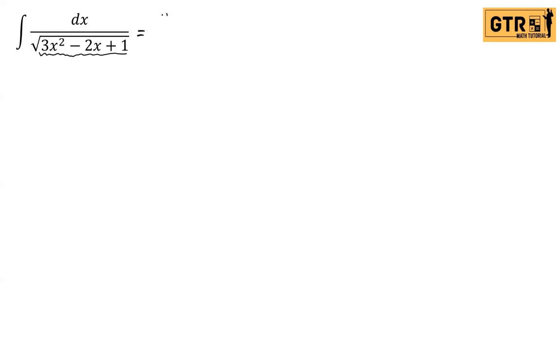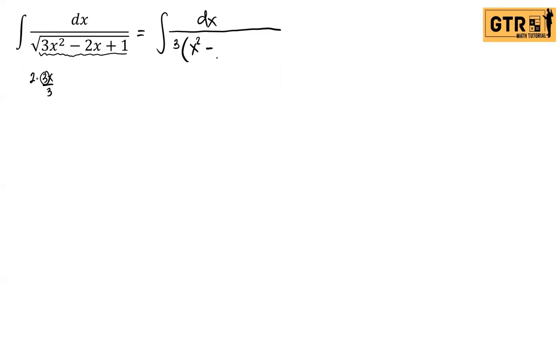So we have the integral of dx. We factor out the 3 in the 3x squared. So factor out 3, we have x squared minus 2x. If we factor out 3, 2x can be written as 2 times 3x over 3, since 3 over 3 is equal to 1. So what is left is 2/3 x.